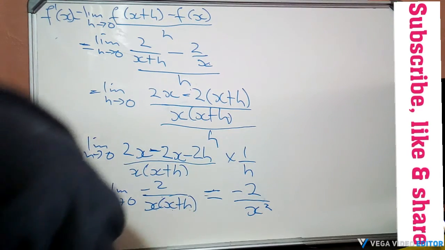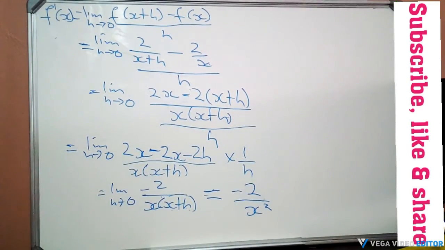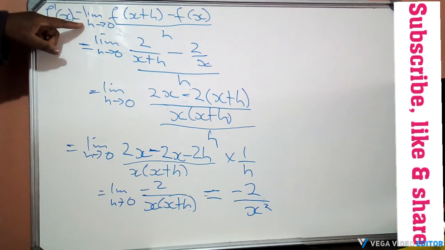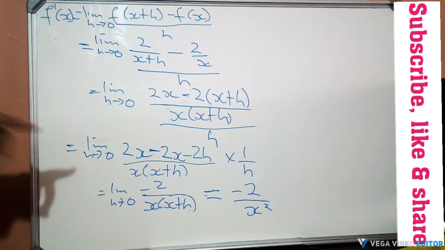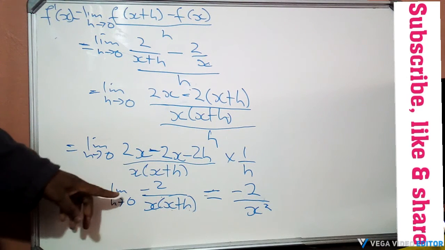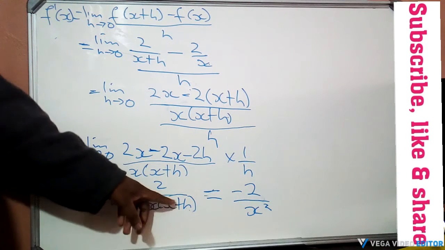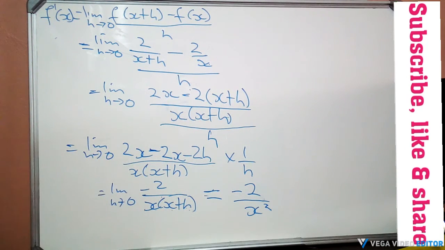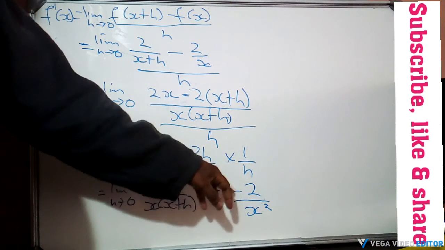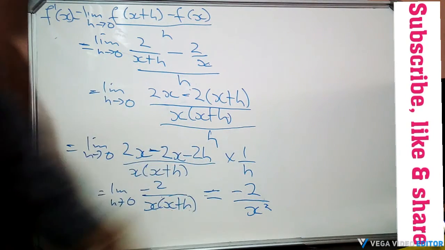So that will be your derivative according to first principles on our question number 2. Please always make sure that you remember to put the limit with h approaching 0 until the last end, where you actually apply h approaching 0 by substituting 0 where there is h, and then you have our answer as minus 2 over x squared.